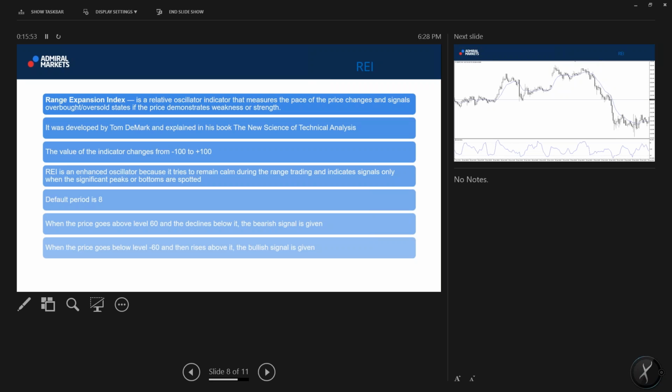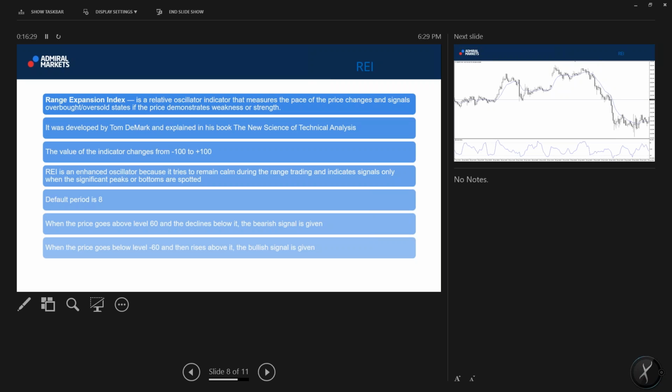Well, this indicator is a price following indicator, a leading indicator, and a simple oscillator, but it's actually suitable to trade overbought and oversold conditions, or the conditions where you will see the price U-turn. I will also explain this later. REI is an enhanced oscillator because it tries to remain calm during range trading and indicates signals only when significant peaks or bottoms are spotted.